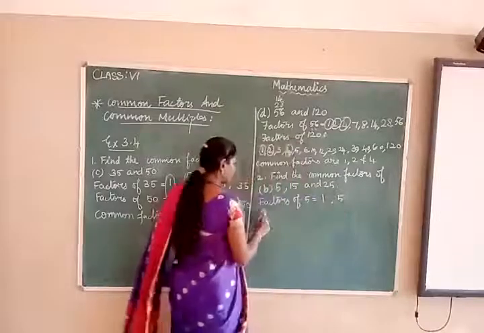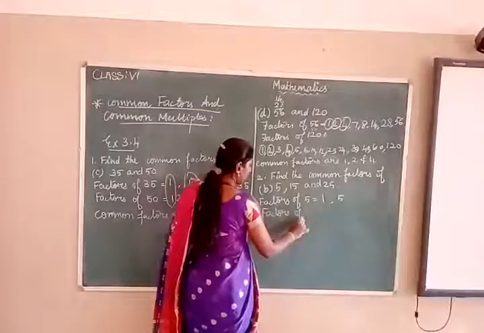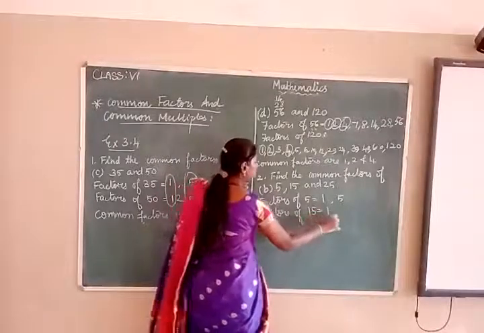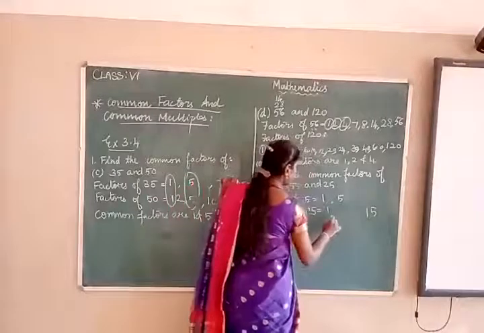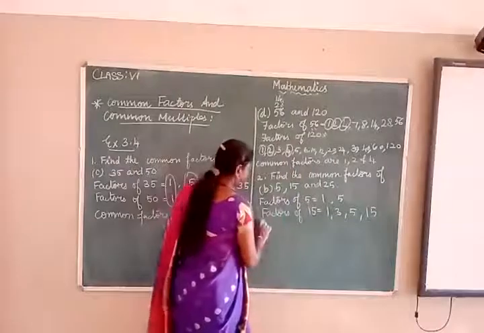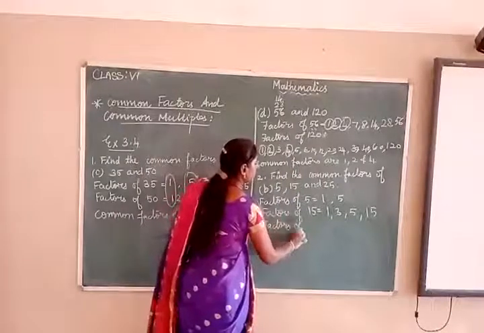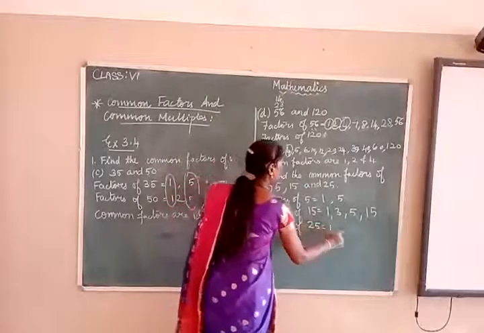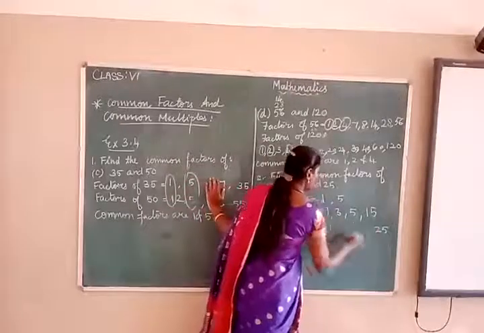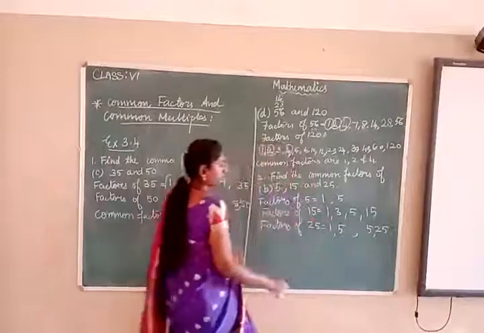Factors of 15, you have 1, 15, then 3 and 5. Factors of 25: 1 25s are 25, then 5 5s are 25. That's all.